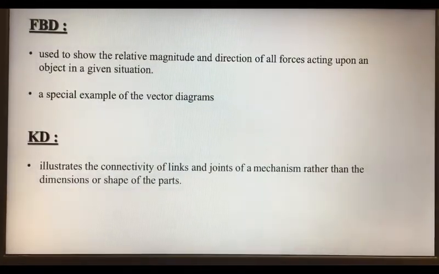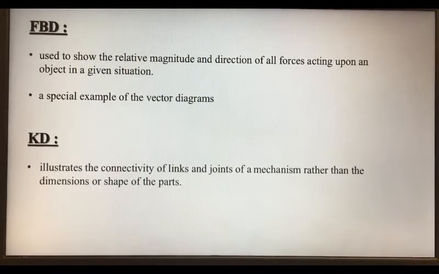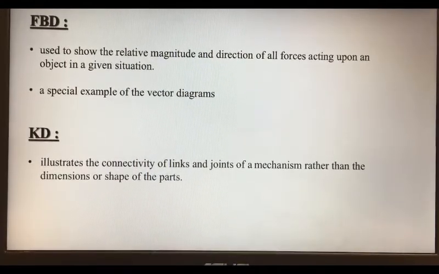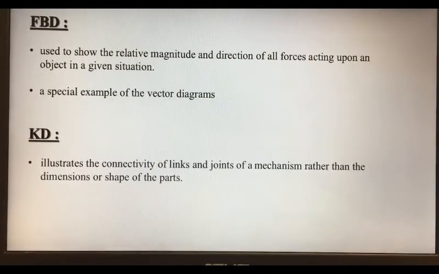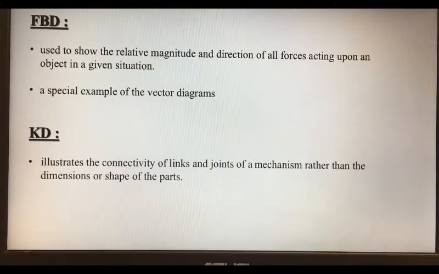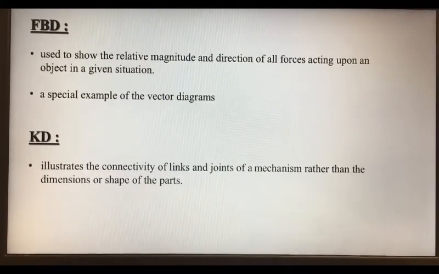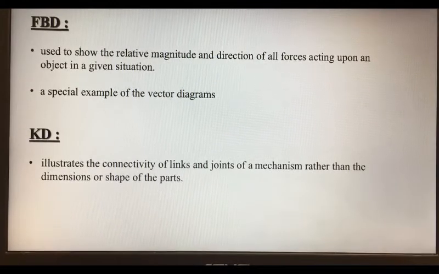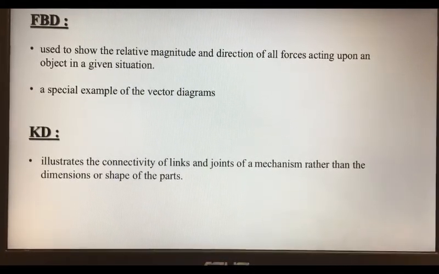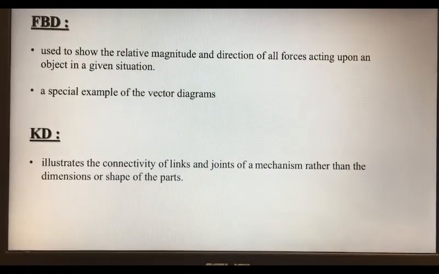A free body diagram is used to show the relative magnitude and direction of all forces acting upon an object in a given situation. It is a special example of the vector diagrams. A kinematic diagram illustrates the connectivity of links and joints of a mechanism rather than the dimensions or shape of the parts.